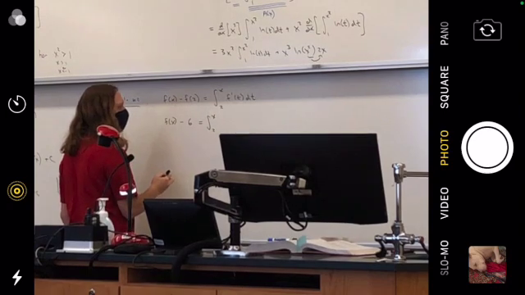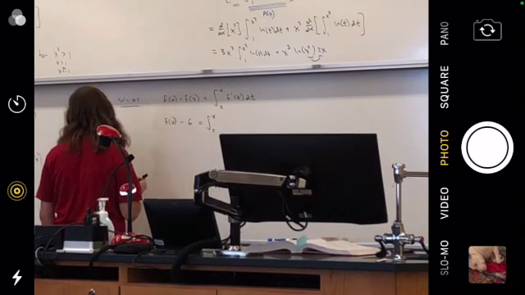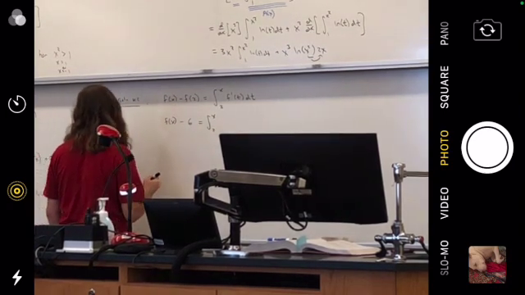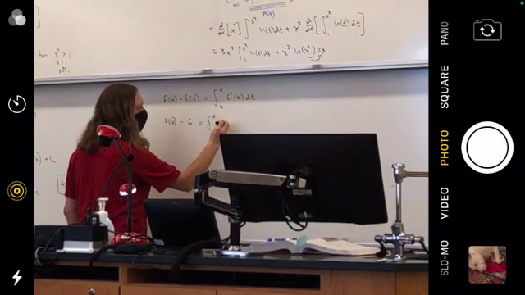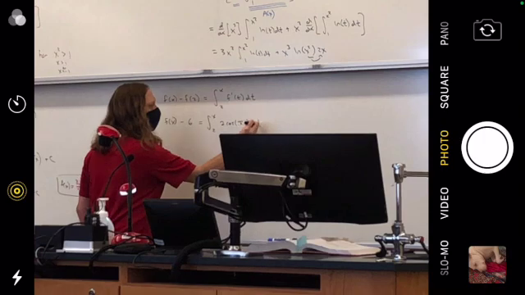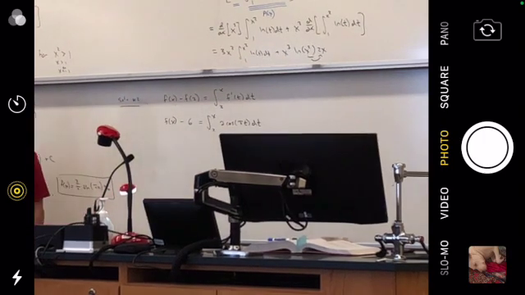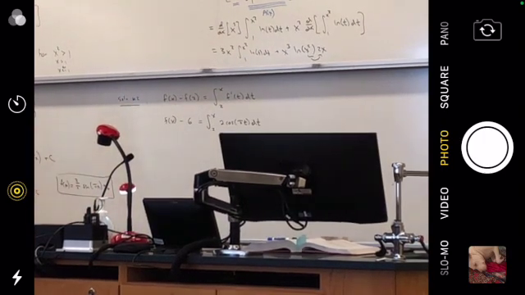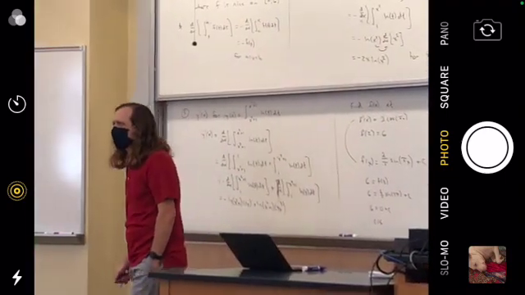That is the definite integral from 2 to x of, what is f prime? 2 cosine of pi x. So I'll replace the x with a t.